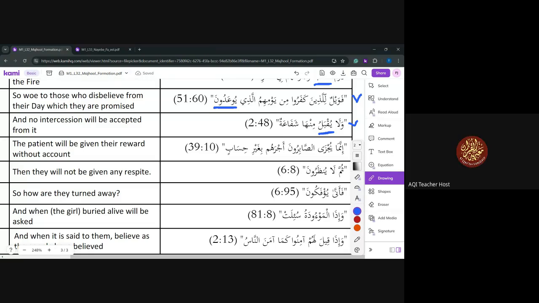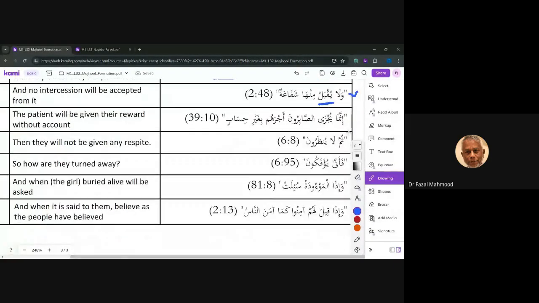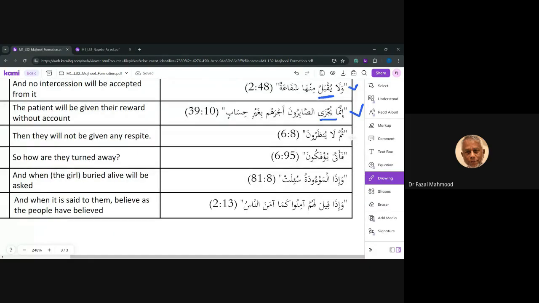Done. Next. La yuqbalu minha shafa'atun. Next, we will not do with you, because that is also a Mudari Majhul, but it will be a little hard for you because it's a different form of verb, not form 1. Fine. Next is there. Good.